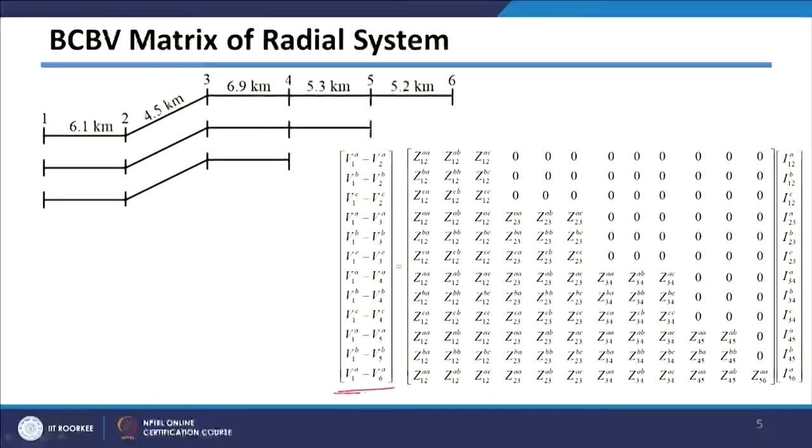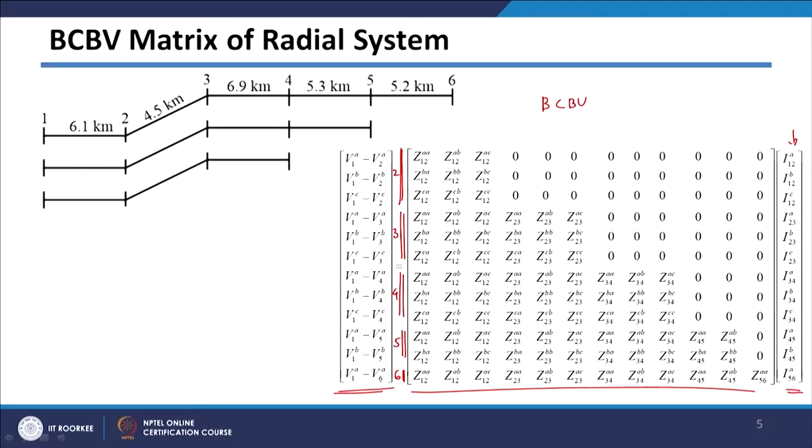There will be voltage differences on this side, and this is your BCBV matrix, and this is your branch currents matrix. So, this is branch current matrix part. This is corresponding to bus number 2, this is corresponding to bus number 3, this is corresponding to bus number 4, these two rows corresponding to bus number 5, and this one row is corresponding to bus number 6.